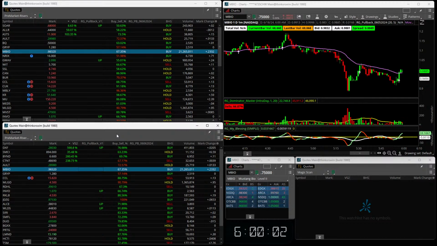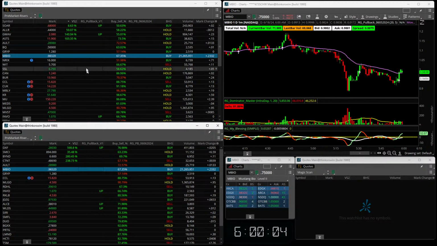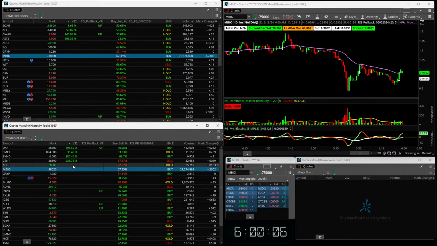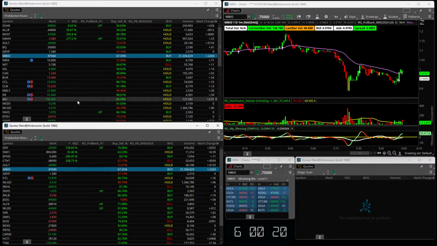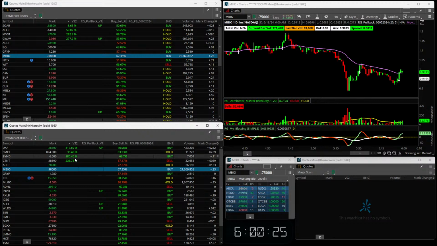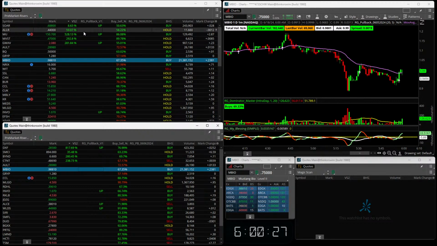And here we go. Watching for volume spikes in these two columns. Not seeing anything right off the start.